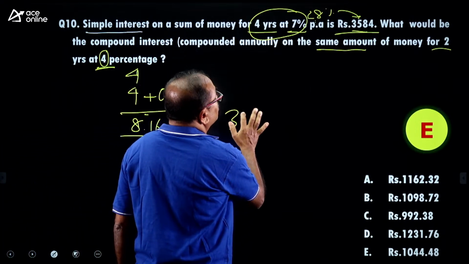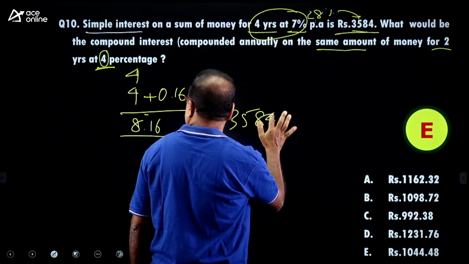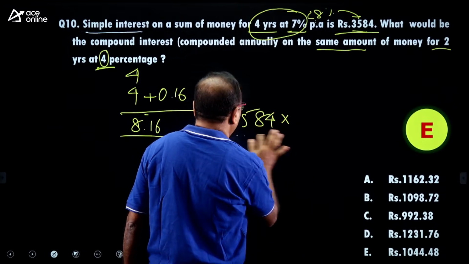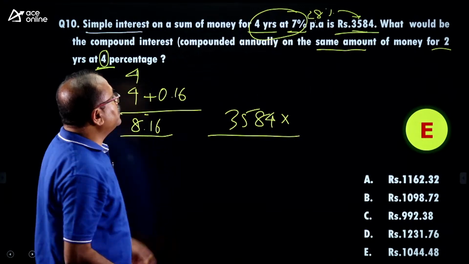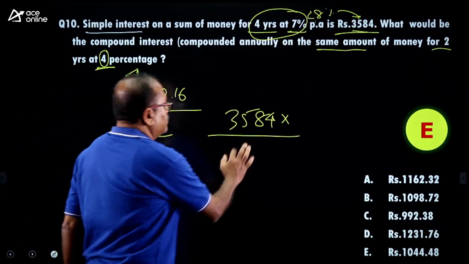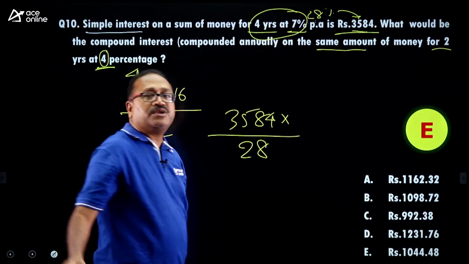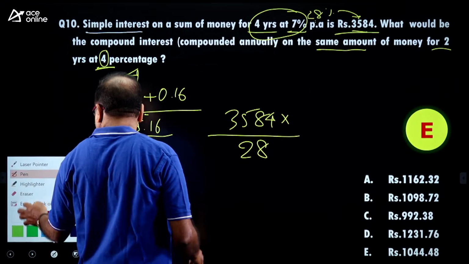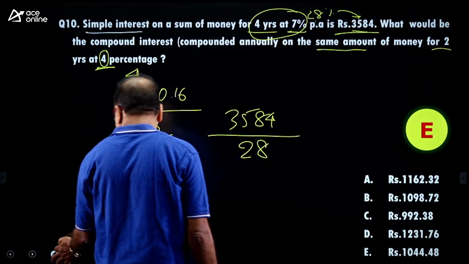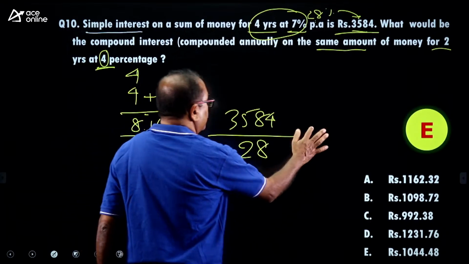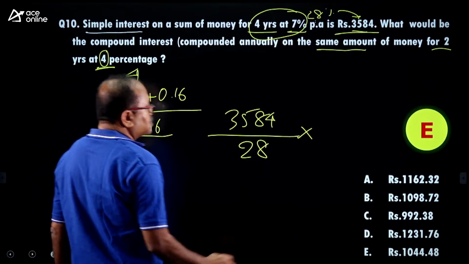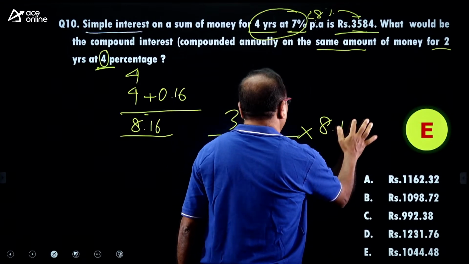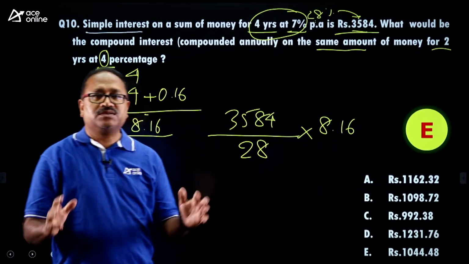That is 3584, divided by 28 first. So you are getting 1%. Now I'll multiply this by how much? 8.16. Here your answer will be ready.